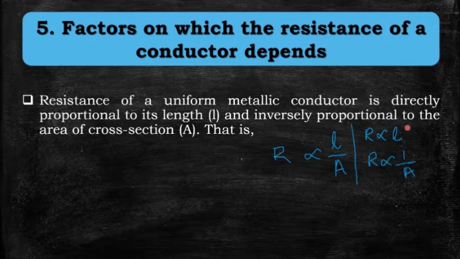It is what is called directly proportional. When we have a small, thin wire, it will have high resistance. When we have a thicker wire, it will have low resistance. It is the cross sectional area.